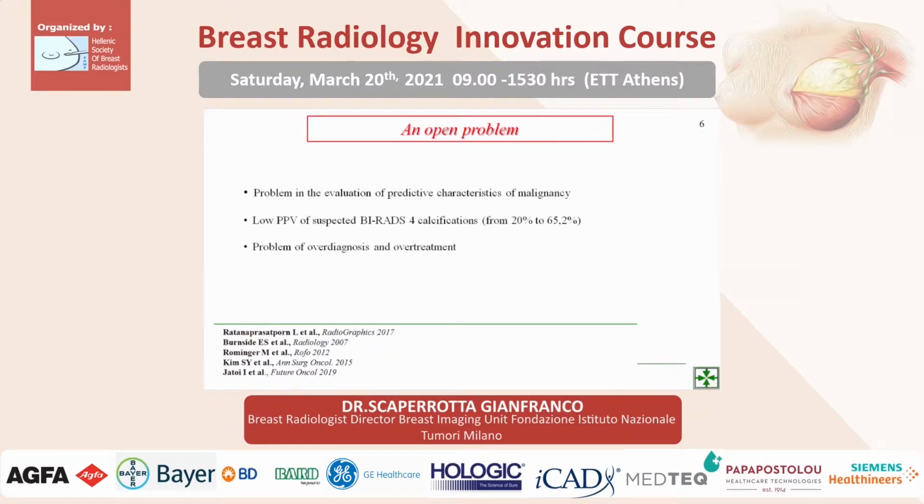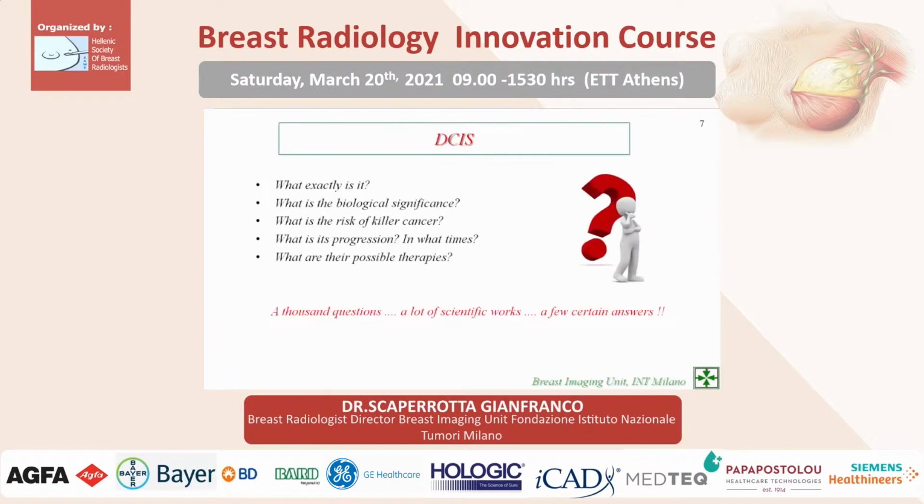There are a lot of malignant lesions, and evaluation of the predictive characteristics of malignancy is another problem. The positive predictive value is too low, and we have the problem of overdiagnosis and overtreatment. But it's important to understand what DCIS is, I think. What is exactly DCIS? What is the biological significance? What is the risk of killer cancer?